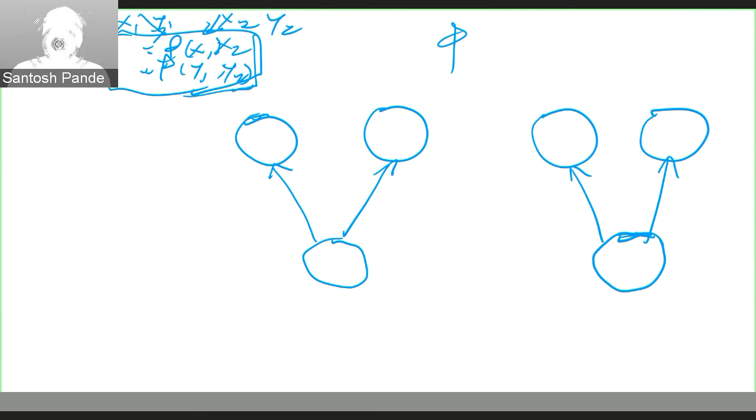So now to preserve this x3 and y3's equivalence, which is what I'm going to draw here, x3 and y3, we must look at this particular phi function and infer the equivalence using this phi function. So this is my phi function phi. This is my phi function phi.